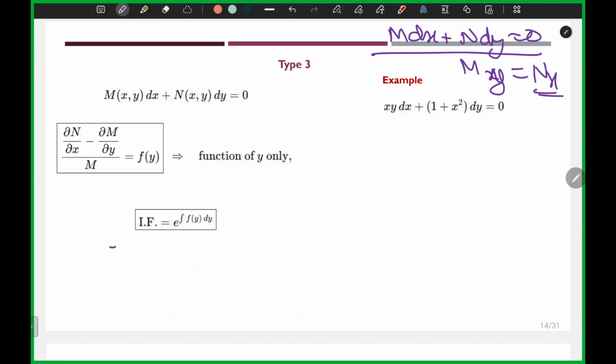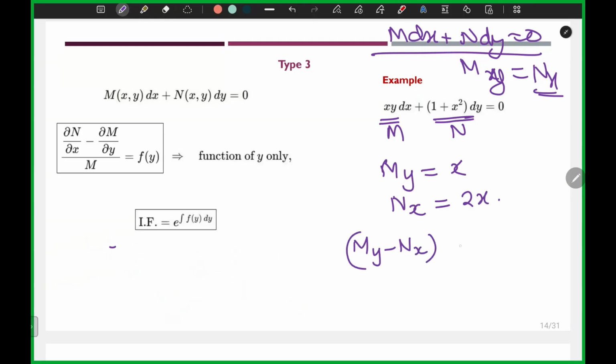Now you can see here it is xy dx and (1 plus x square) dy. So M is xy, so My is x, and Nx is 2x. You can see My minus Nx is some function of x, that is minus x.